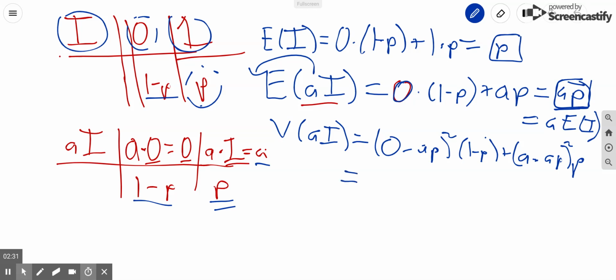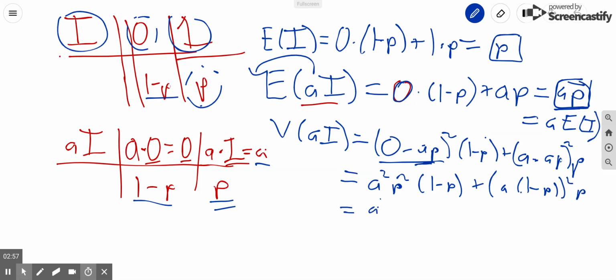And now I'm just going to calculate this. This gives me negative ap, and when I square that, the negative becomes a positive, and I get a squared p squared times 1 minus p, plus a times 1 minus p squared times p, and that's going to give me a squared p squared times 1 minus p plus a squared times 1 minus p squared times p.